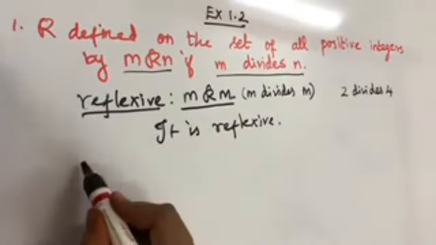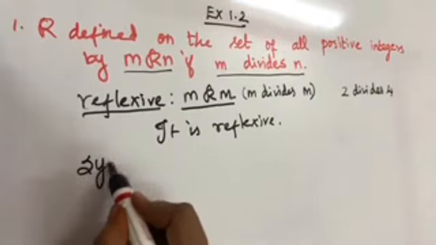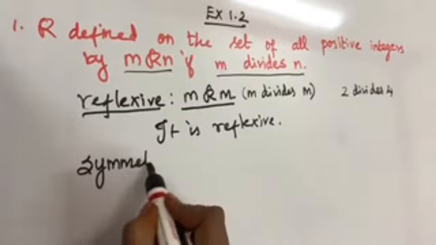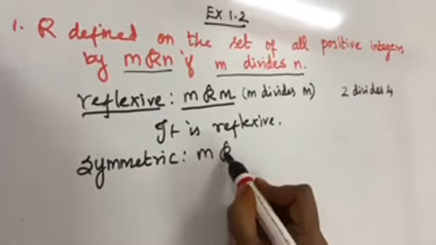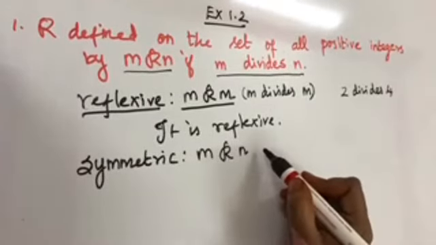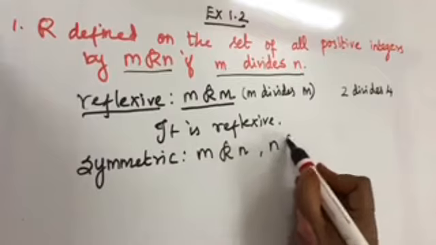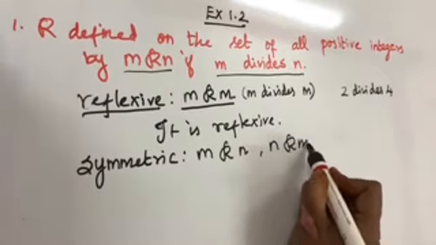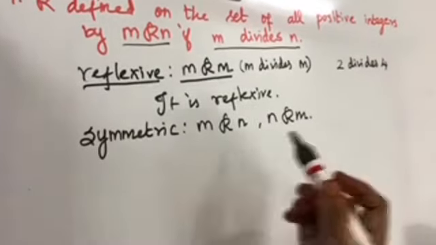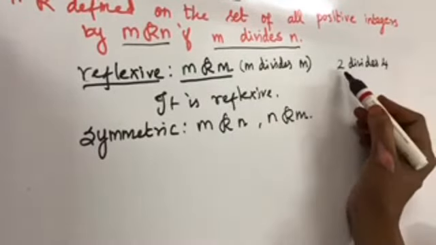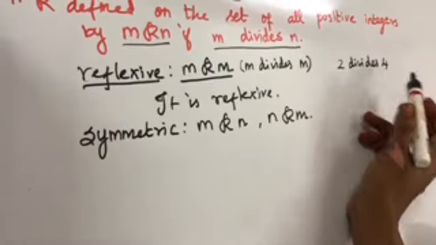To prove the second condition, symmetric, m should be related to n, and similarly n should be related to m. So shall we check this? For example, we took 2 divides 4.